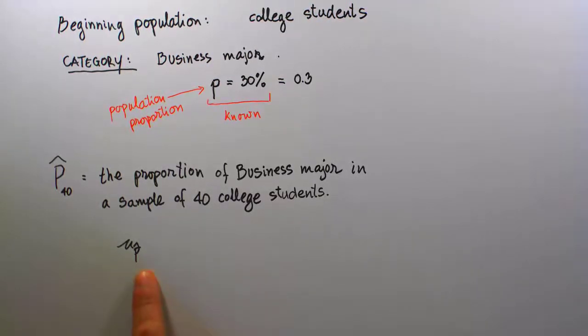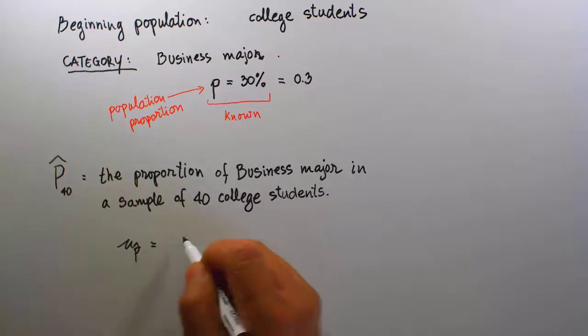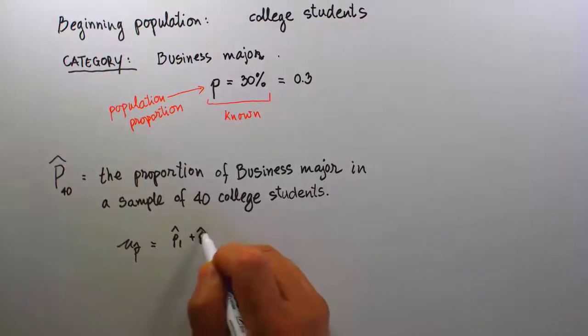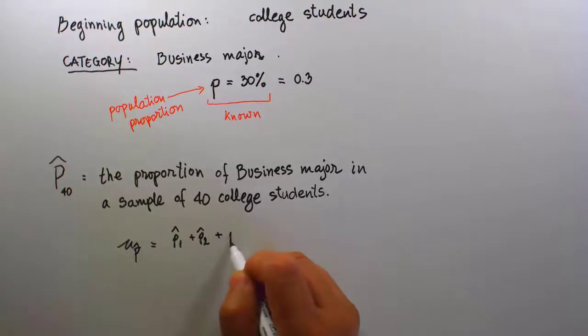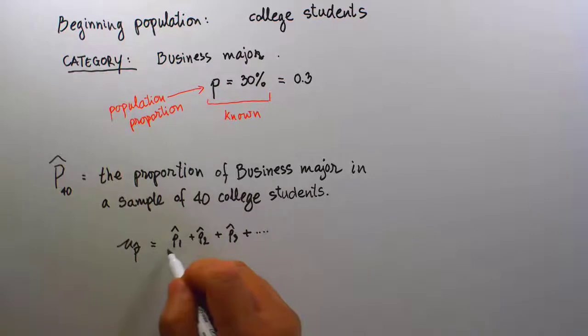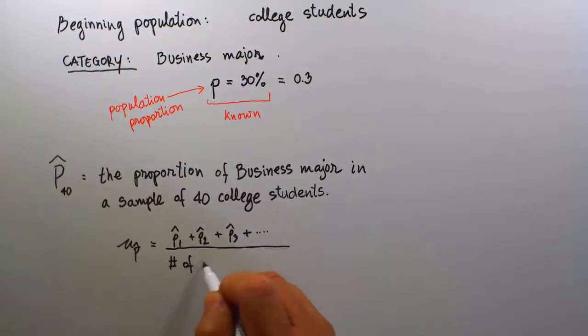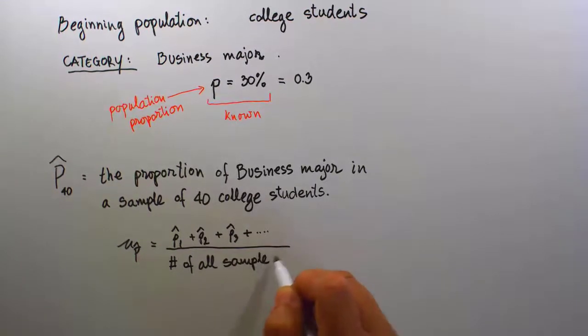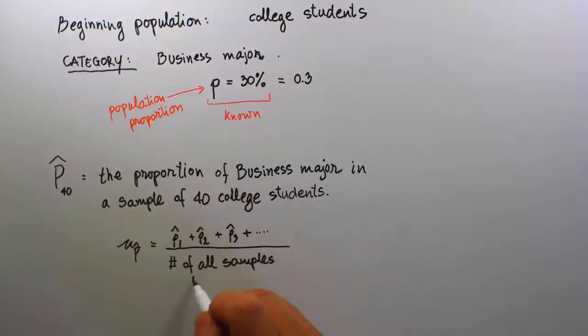If we could find all sample proportion values out there, then we would add our first sample value plus the next sample value plus another sample value plus all of them, adding all of them up, and divide by the number of all samples they are.